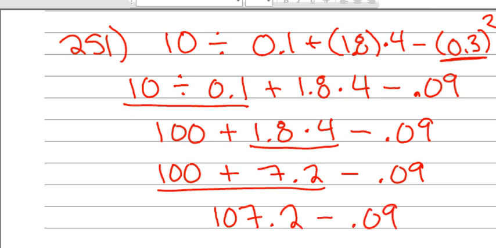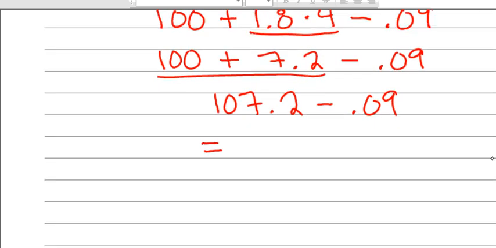And I'm going to bring the minus 0.09 down. And that's the last thing I'm going to do. That's going to give me my final answer. And I'm getting 107.11. So this is my final answer.